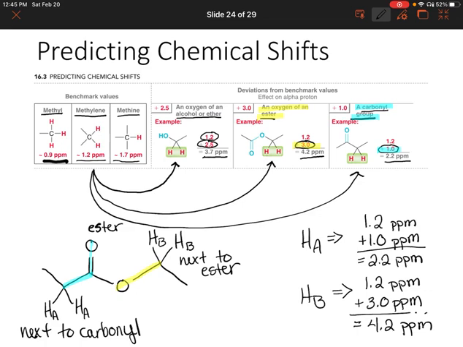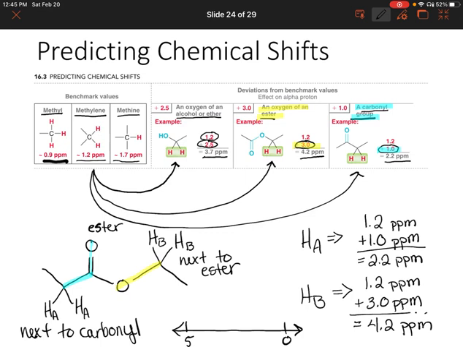All right, so let's kind of draw a little NMR spectrum. So we would expect HA to show up at around 2.2 parts per million. Now, what would its multiplicity be?